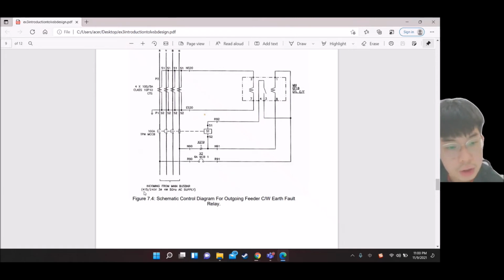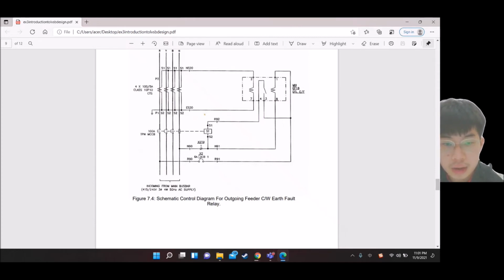For the three phase voltage we use 415, and single phase is 240, and the frequency is about 50 Hz. For the incoming, red links to the 6 ampere MCB and connects to the 4 relay.